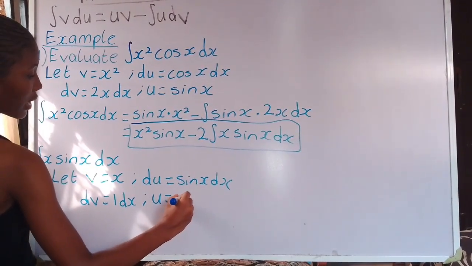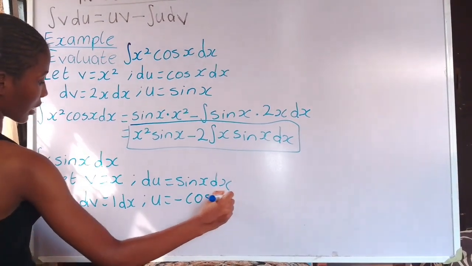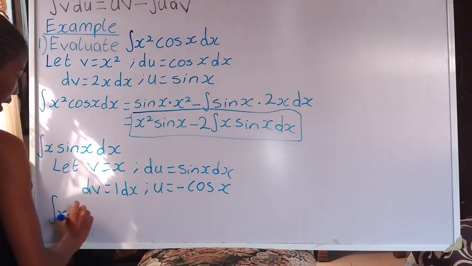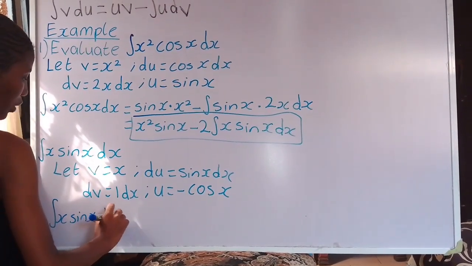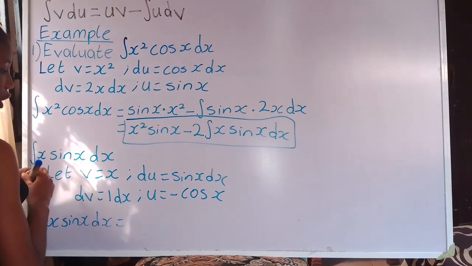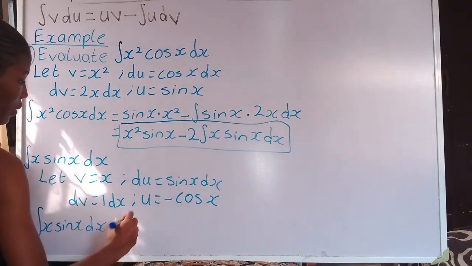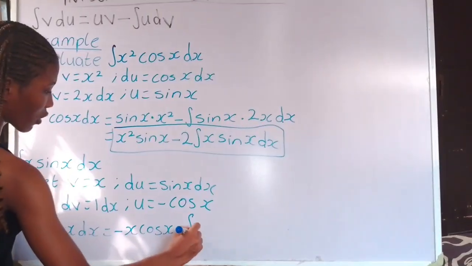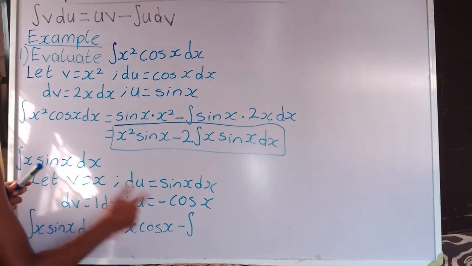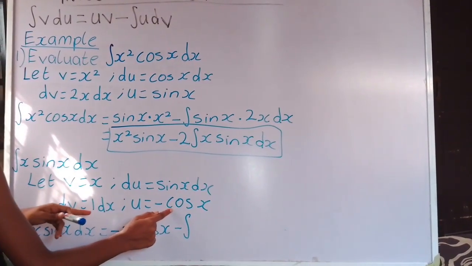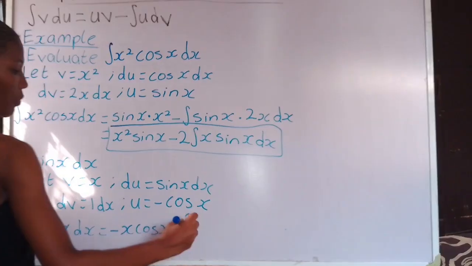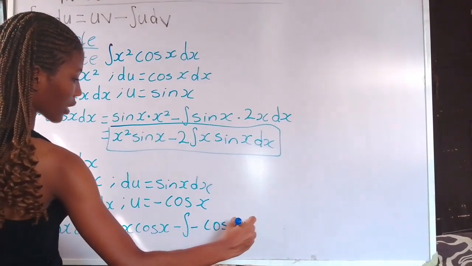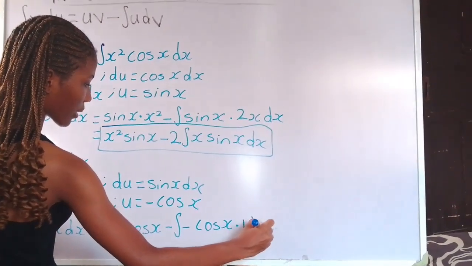Integral of sine is negative cos x. So putting everything in our formula, integral of x sine x dx will be equal to uv, that's this times this, that will be minus x cos x, minus integral of u dv, that's this times 1, that's minus cos x times 1 dx.